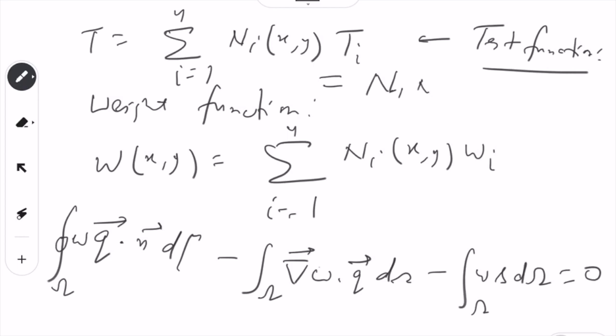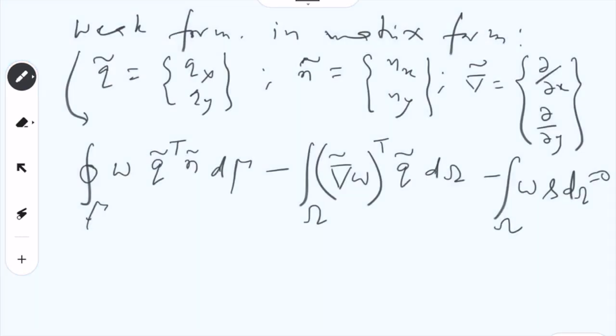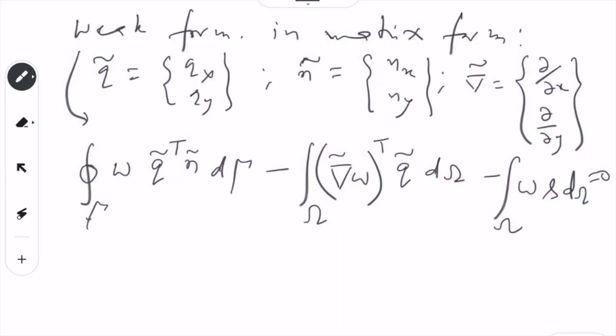So, maybe we write on the next page, probably it's easier. Okay, so let us do the next one. Next, we want to put the value of q and t now.